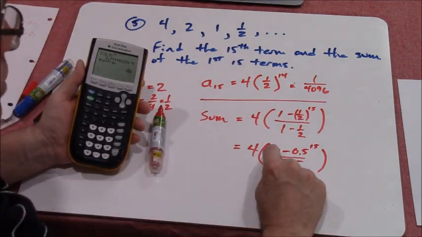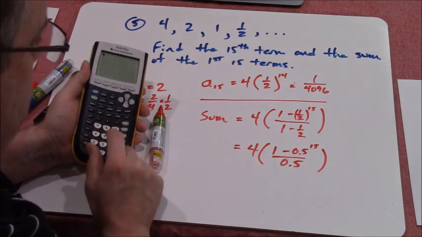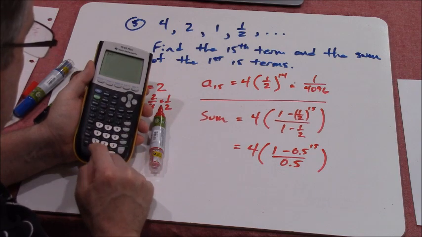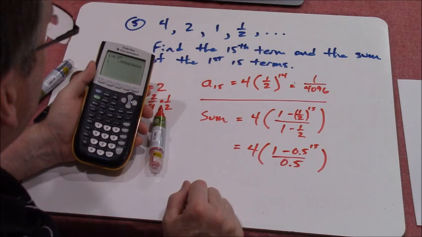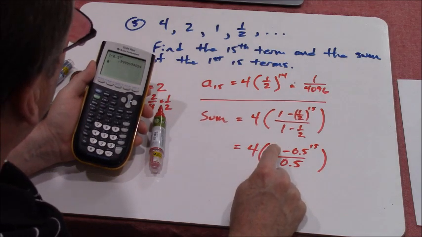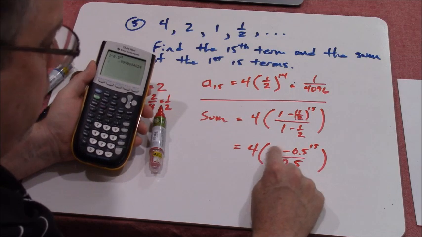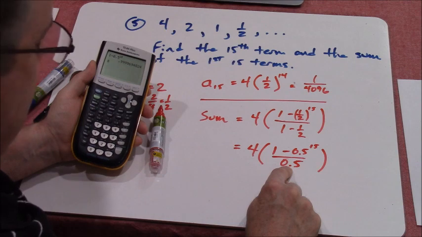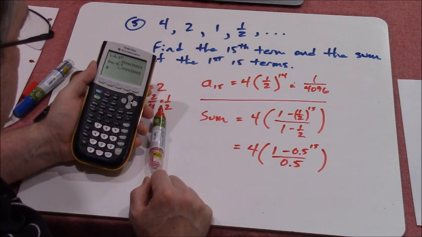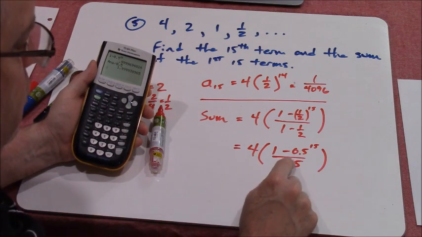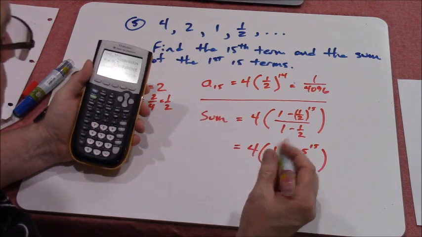All right, so I'm going to do this numerator first, and then I'll divide by 0.5. So I've got 1 minus 0.5 raised to the 15th. I got 0.9999694, so really close to 1. Now divide that by 0.5. So now I got 1.9999, so really close to 2, times 4. And there's my answer.